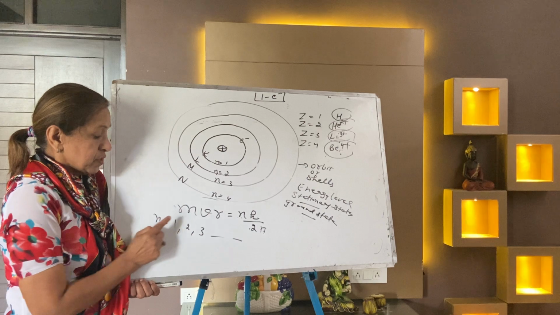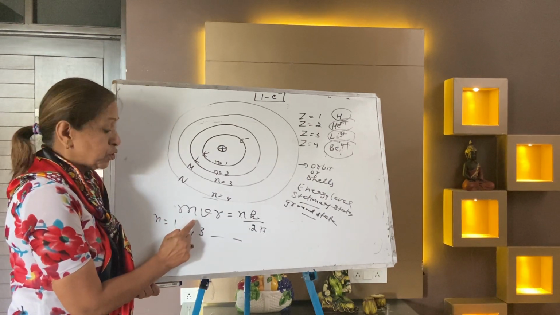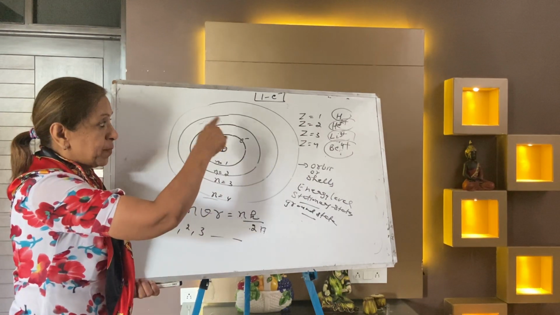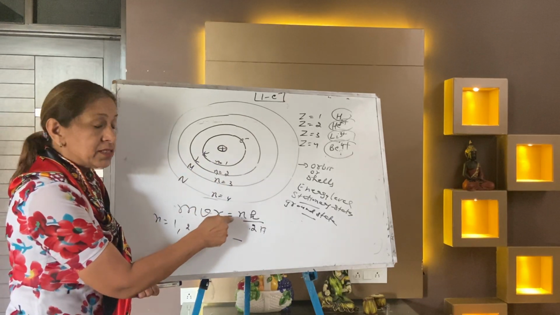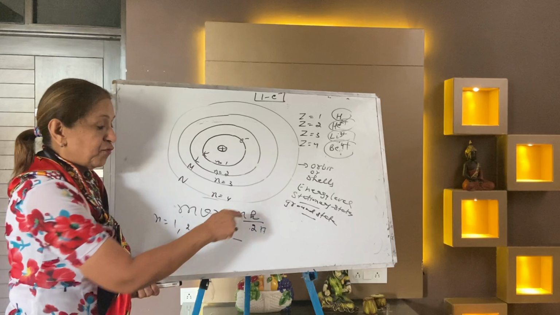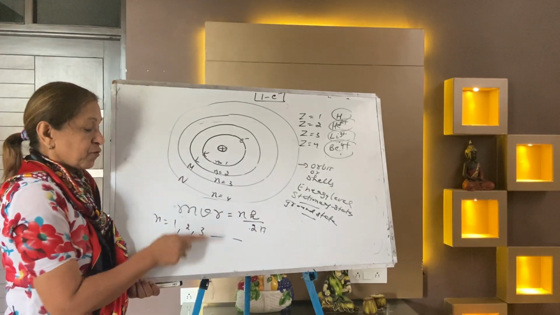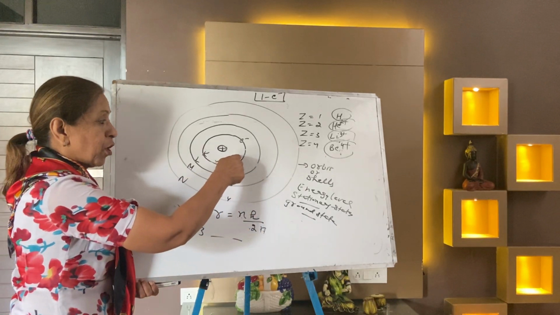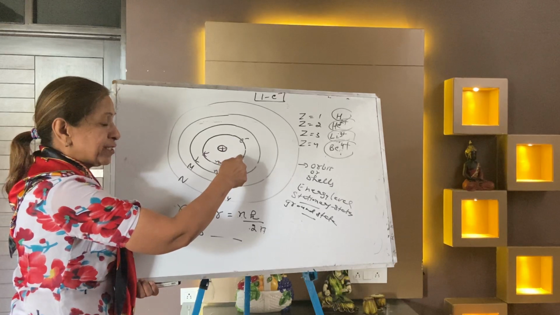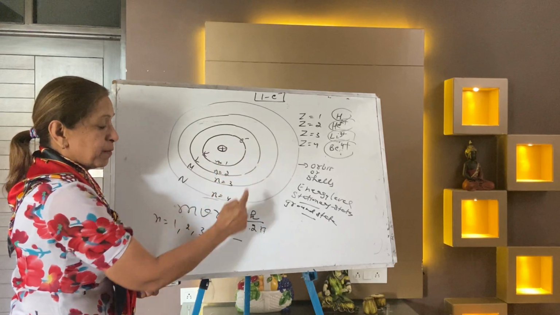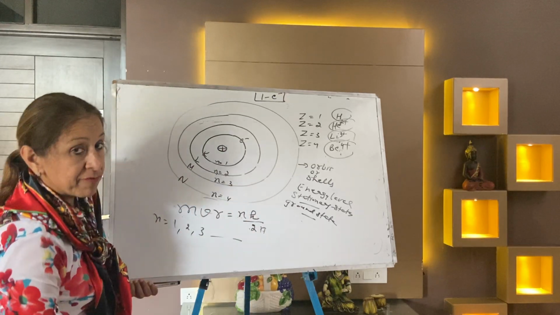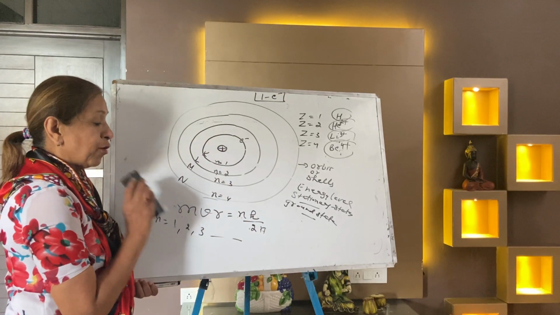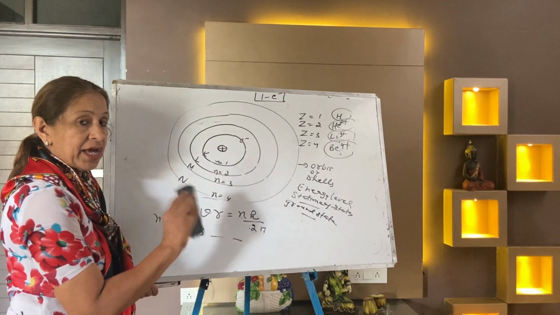You can write this as the next postulate: only those orbits are permitted around the nucleus whose angular momentum is an integral multiple of h by 2 pi. For an electron revolving in the first orbit, its angular momentum is h by 2 pi. Here the angular momentum becomes 2h by 2 pi, and for n equal to 3 it becomes 3h by 2 pi. In every orbit the angular momentum and the energy are fixed.